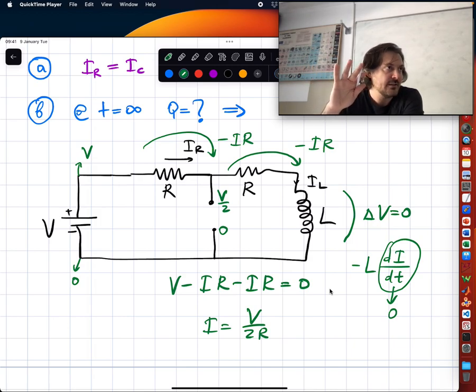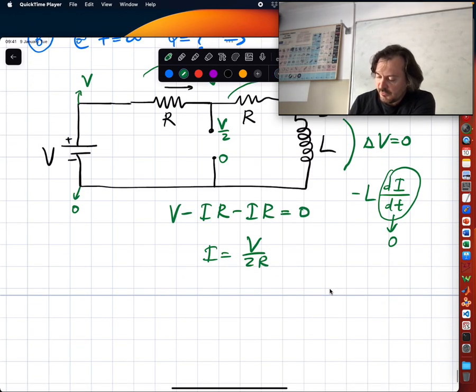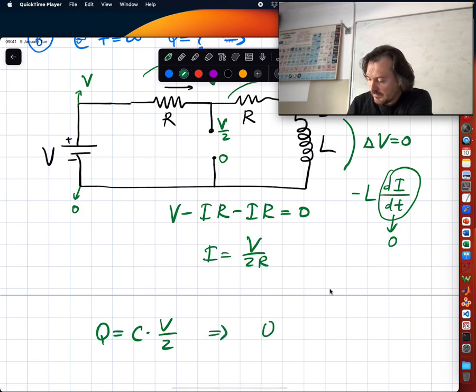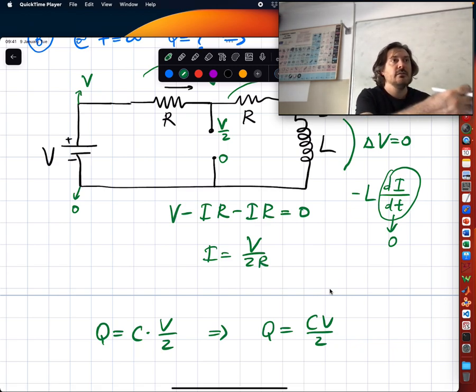But we are not asking that in this particular case. So the potential difference is V over 2. Q is C times the potential difference, so at t equals infinity, Q is CV over 2. So far, so good?